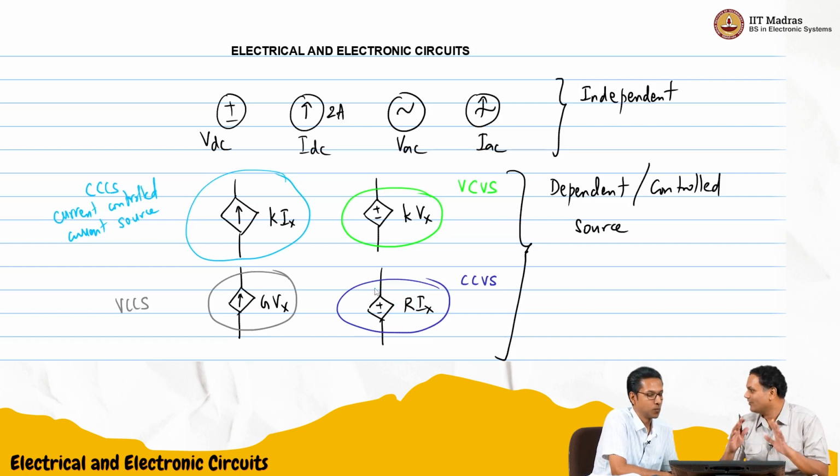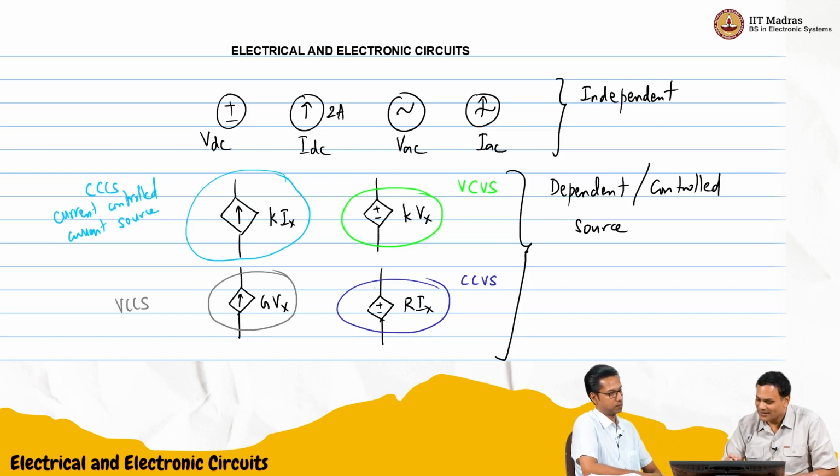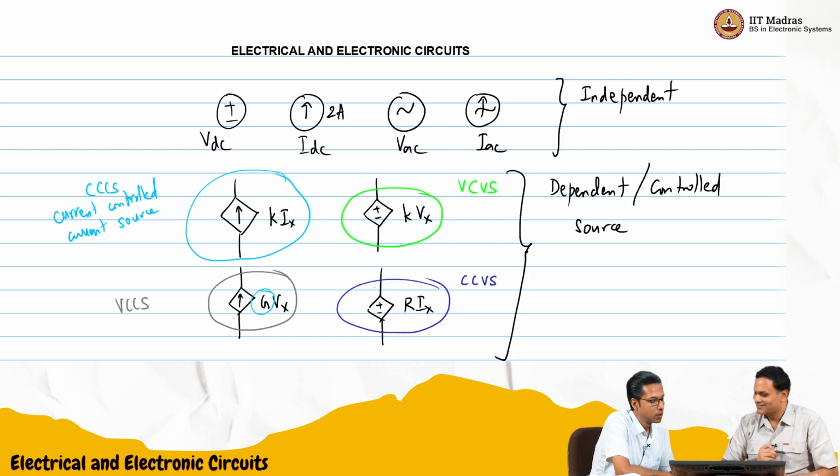K is a very common variable for some unknown constant. Now, I noticed this G. Any guesses what G could be? From the voltage, if I have to get current, G has to be 1 by R. So, in fact, G is just 1 by R.